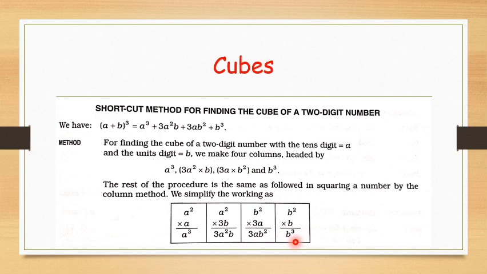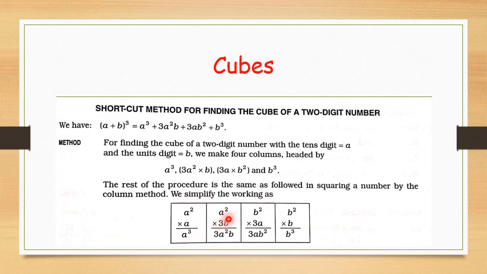Okay. Now how are we going to remember this? What do we have to write in the first column and what in the second? We can see here that the first and second columns contain a square, and the third and fourth columns contain b square. In the first column we multiply a square with a, which makes a cube.